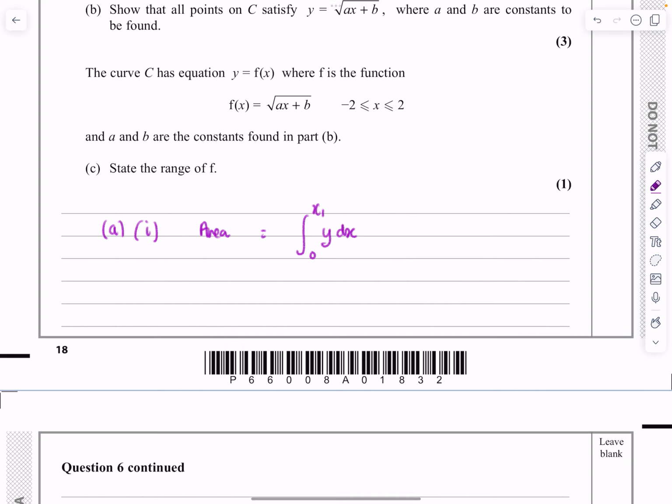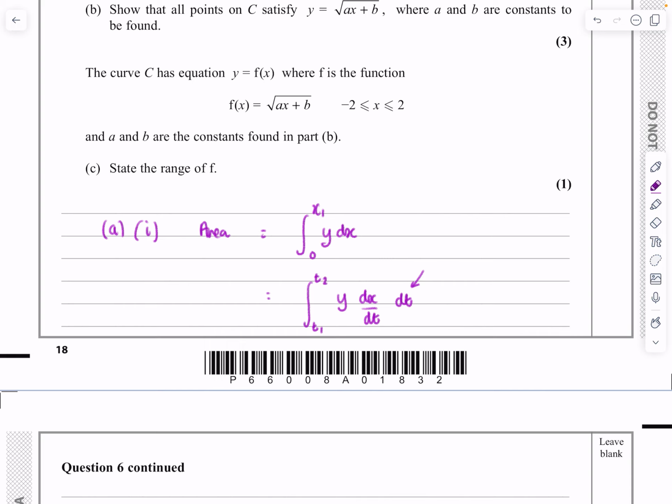So that's what I'm trying to do, but I've got my version parametrically. So what I'm going to have to do is to say, instead of saying y dx, I'm going to say y dx/dt dt. So I'll actually be integrating it with respect to dt. So that means that these limits here are going to be t's. So I'll call it t1 and t2.